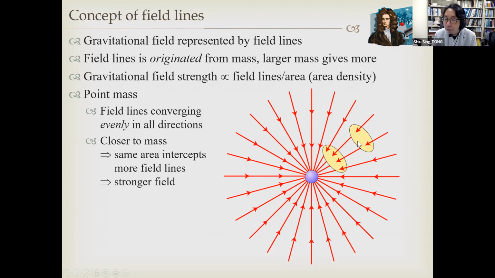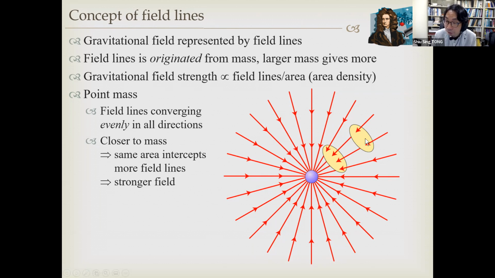Now you see, I have placed two small areas. Although I haven't drawn them very small, imagine they are very small areas. So I now put two small areas with the plane perpendicular to the direction of the field line. So the plane of this area will intercept the field lines. Now one of the areas is closer to the point mass.